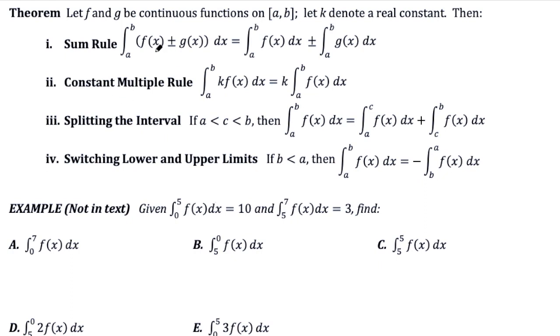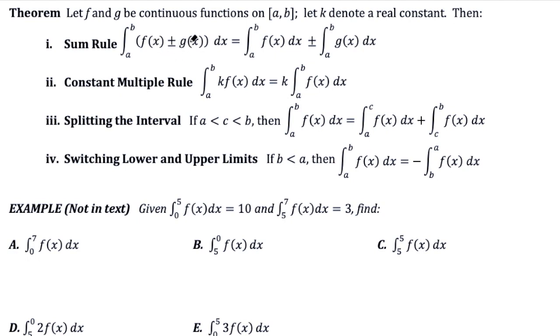If you have two functions that are being added together, the sum rule says, when you're trying to find the area from A to B, you can find the area of the first function and just add to it the area of the second function. Notice this is a plus minus sign because you also get sort of the difference rule for free.